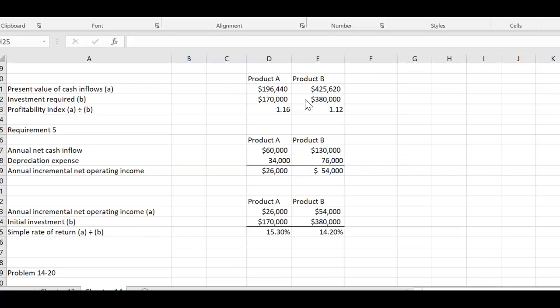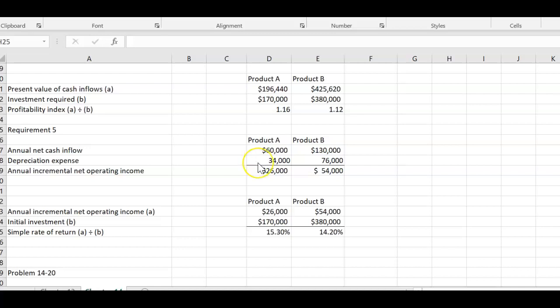Now for requirement 5, they say calculate the simple rate of return for each product. So first we have to calculate the net operating income. It's the annual incremental net operating income. The annual cash flows are $60,000, but remember, we did not include depreciation because it's a non-cash outlay.